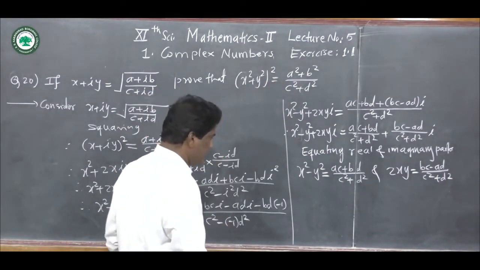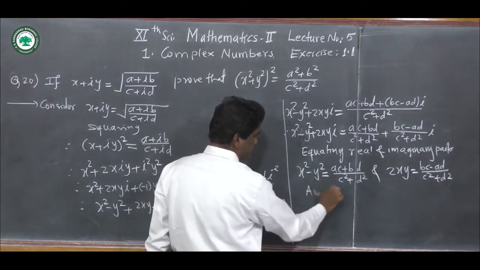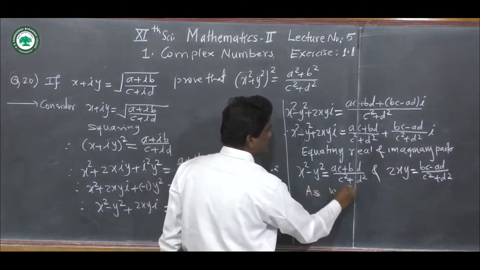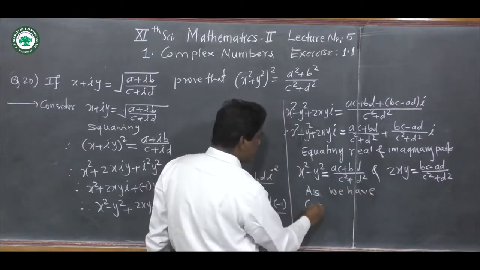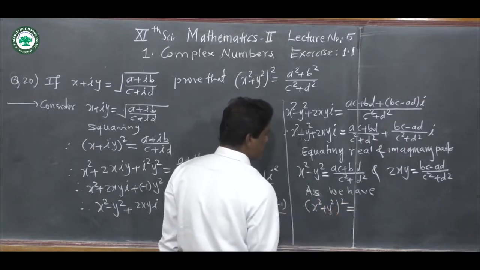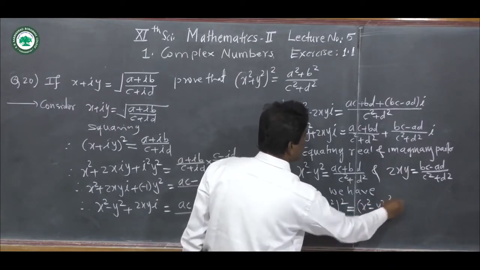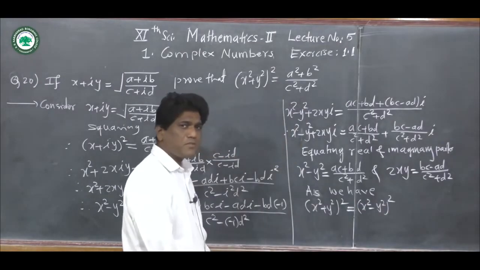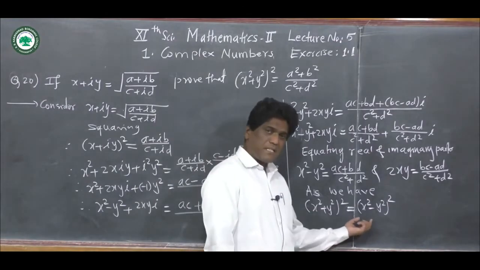So we consider here, as we have (x square plus y square) to the bracket square is equal to (x square minus y square) to the square, whether both sides are equal.